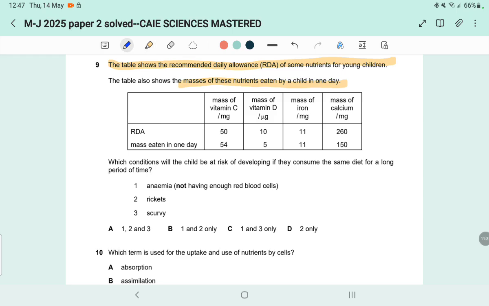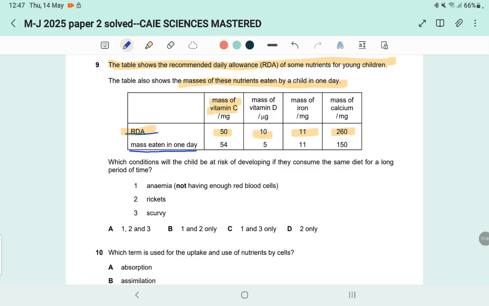Now, if you look here, it's saying the RDA of that child is here. Mass of vitamin C, well, it's 50. This is the requirement that he should have eaten, or should aim to eat. Now let us analyze what he has really eaten.